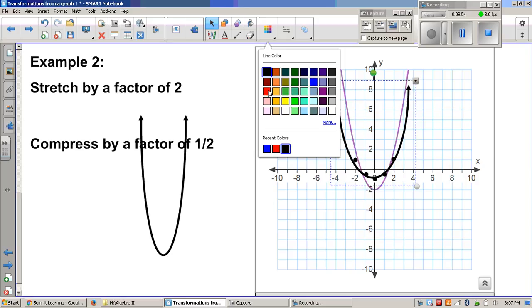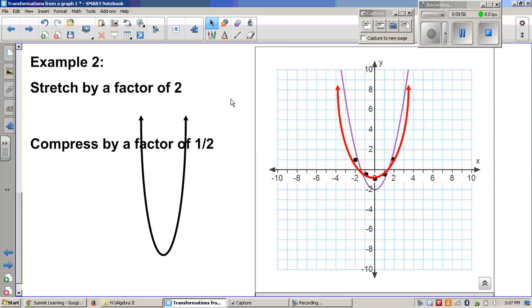Okay? So as you're looking at dilations on a graph, be very careful, because it's easy to just leave the vertex where it is and then stretch everything else. But that's not what you're supposed to do. It's all supposed to be in reference to the x-axis.